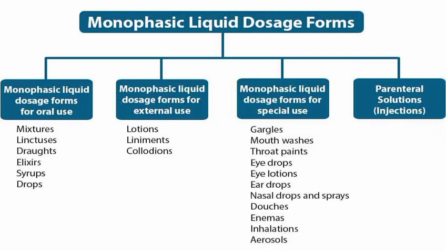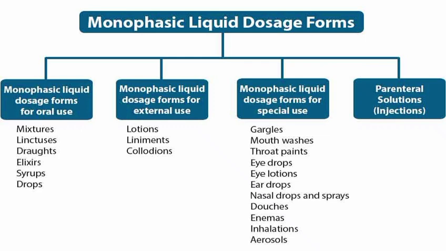Next, we are going to see the classifications of monophasic liquid dosage forms. These are further classified into types: monophasic liquid dosage forms for oral use, for external use, and for special use.